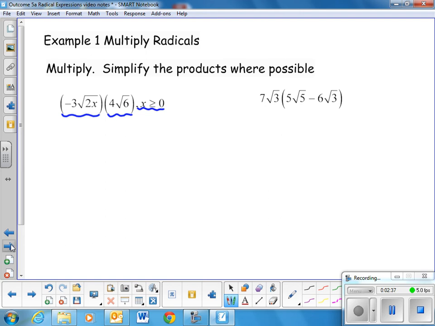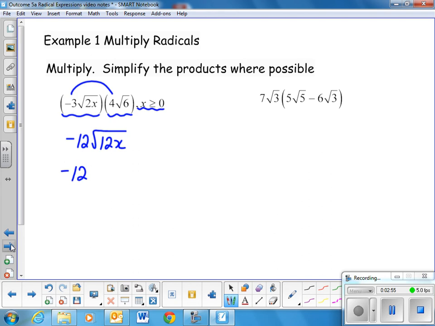To find this term, we're going to start by multiplying the numbers out front. So negative 3 times 4 is negative 12. Under the square root sign, 2x times 6 is 12x. Now we want to see if we can simplify.